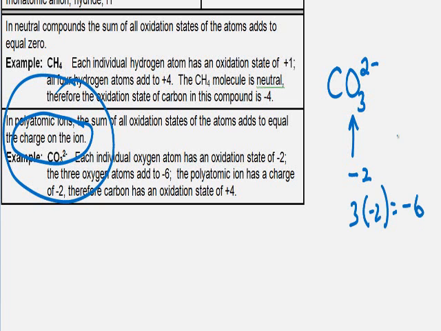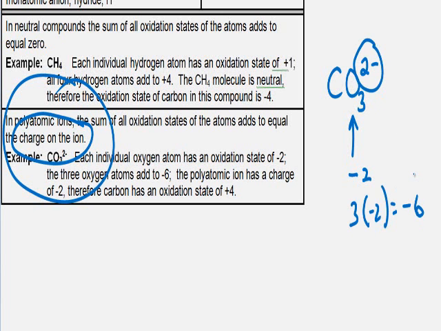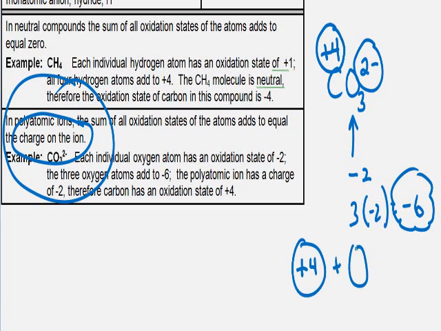Now, everything has to add up to equal -2 in this ion. Because the oxygen has a total of -6, that means the carbon in this compound has an oxidation number of +4. Then that +4 plus the -6 for the oxygens add up to equal -2, which is the charge on this polyatomic ion.